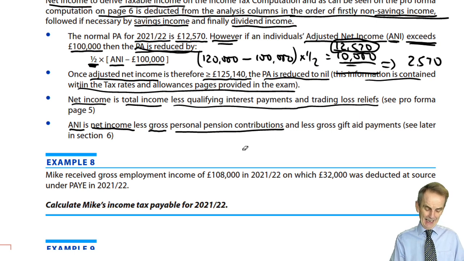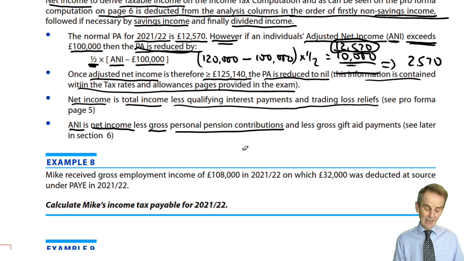And we'll differentiate between those two types. Indeed, we've got Chapter 10 that deals in detail with contributions into, and the effects of those contributions into, both personal and occupational pension schemes.